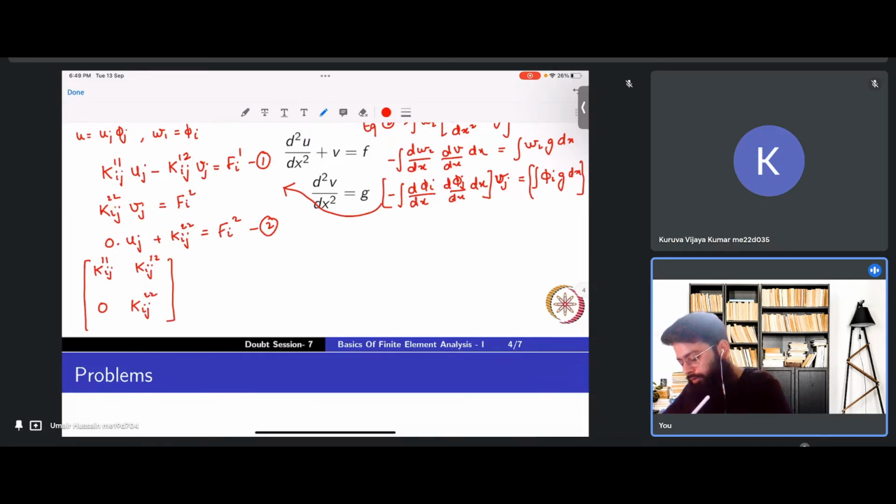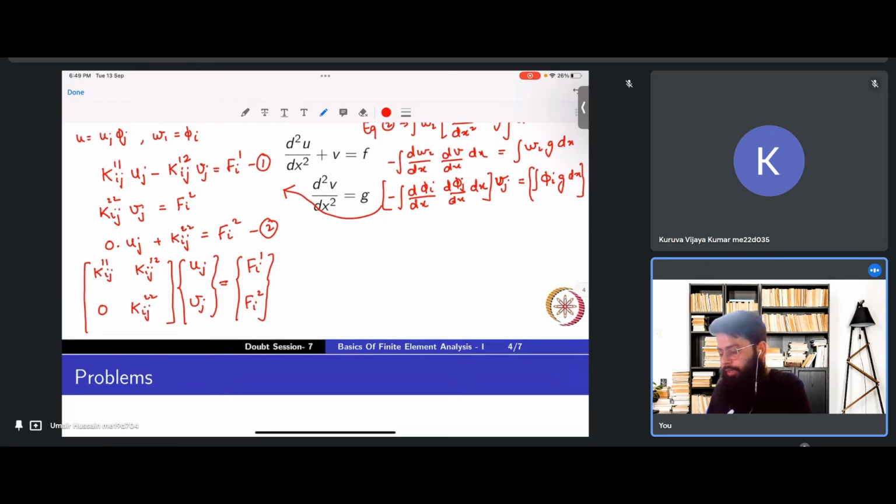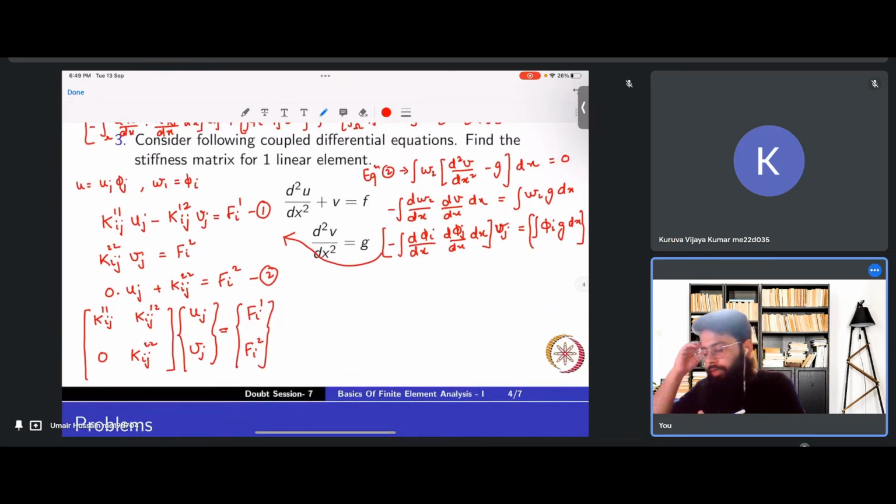Since there's no u variable in the second equation, we get 0 here. This should be uj, vj, and that equals fi1, fi2. So this is how the equation would look.